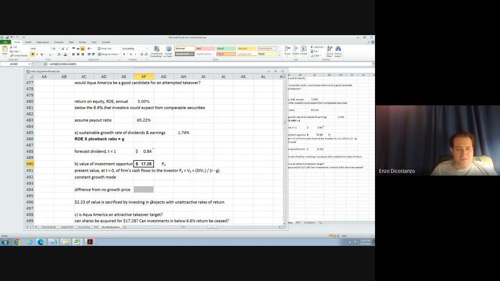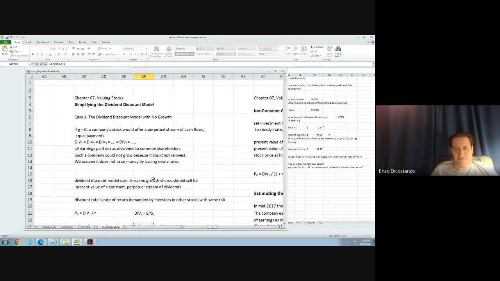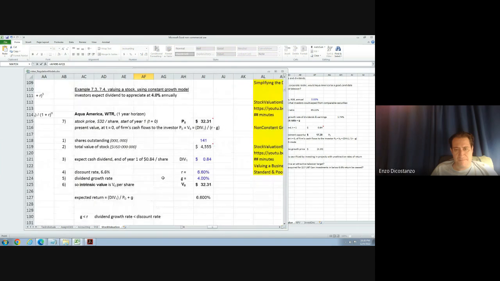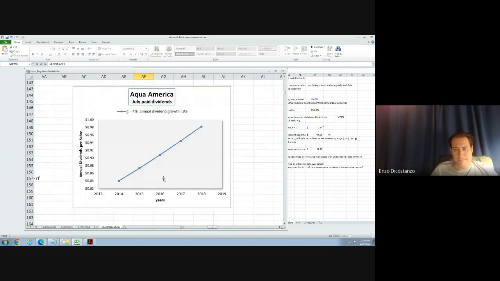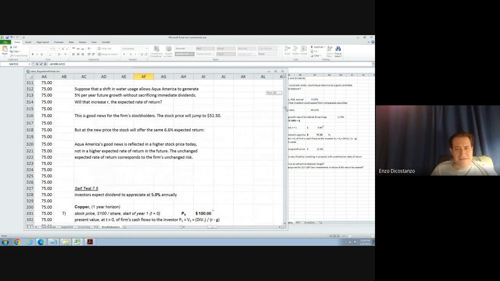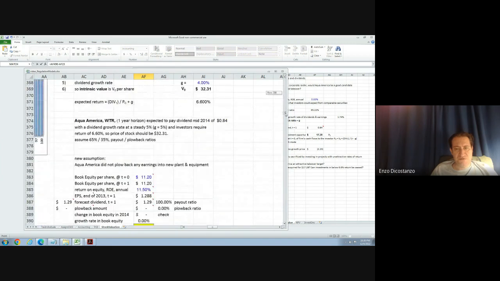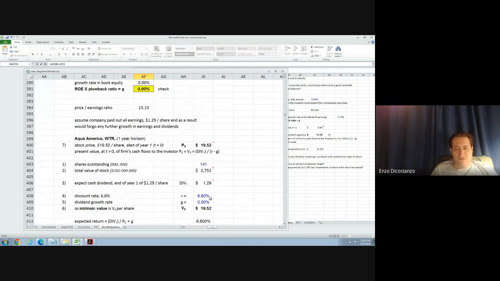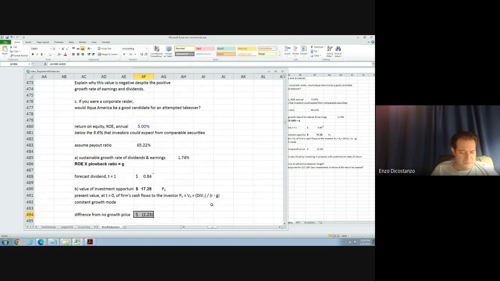And our final version of it, the difference from the no growth model, would be this minus that 19.52. Oh yeah, this is the no growth, which is 19.52. There's a $2.23 difference. Okay.